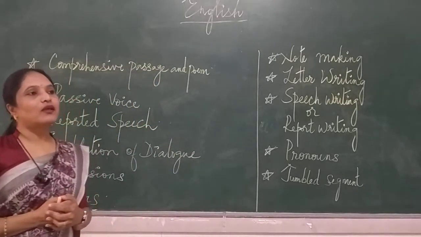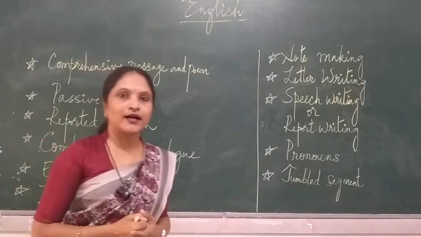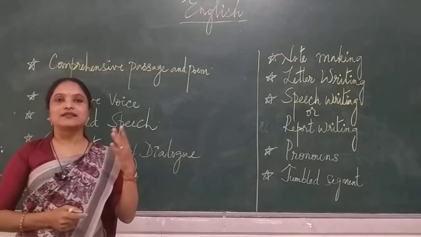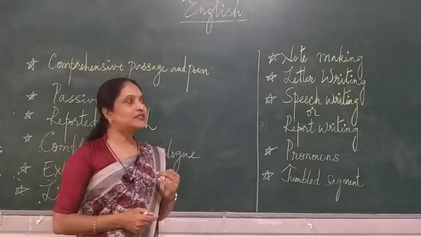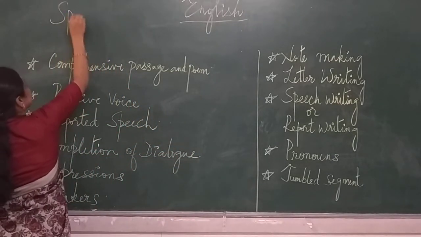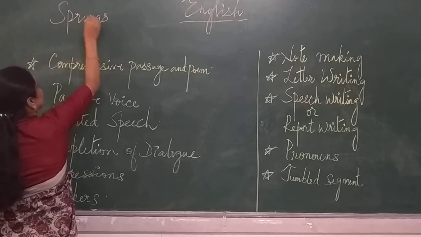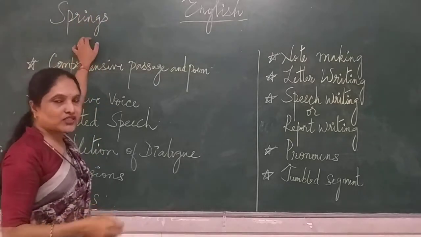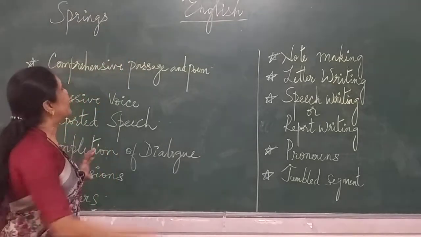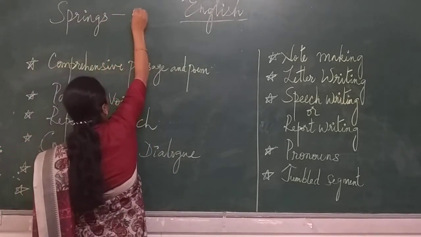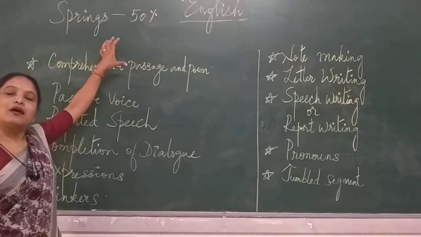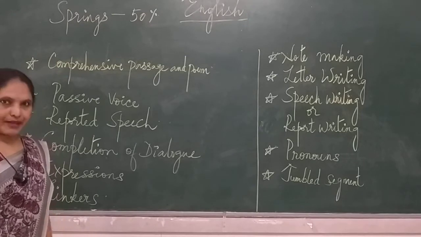Now, the Government of Karnataka has prescribed 2 books as your English syllabus. The first one is Springs, which is the course book, which covers the prose and poetry, and it covers 50% of the marks in the annual English paper.